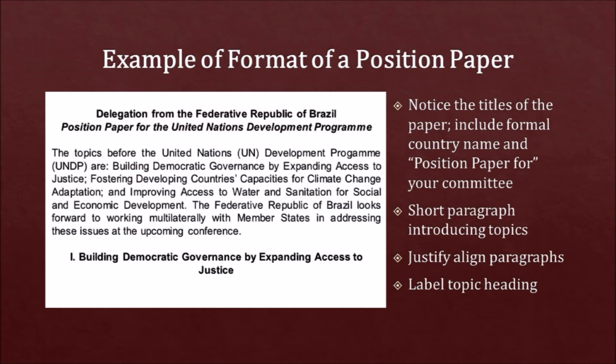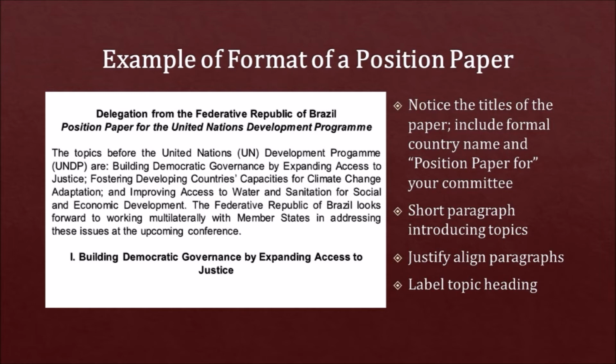Here's an example of the format of a position paper. Notice the title of the paper at the very top, where it says Delegation from the Federative Republic of Brazil. So it includes the formal name of the country, and below that the title, Position Paper for the UNDP, the United Nations Development Programme. So you'll need to include the title of your committee.